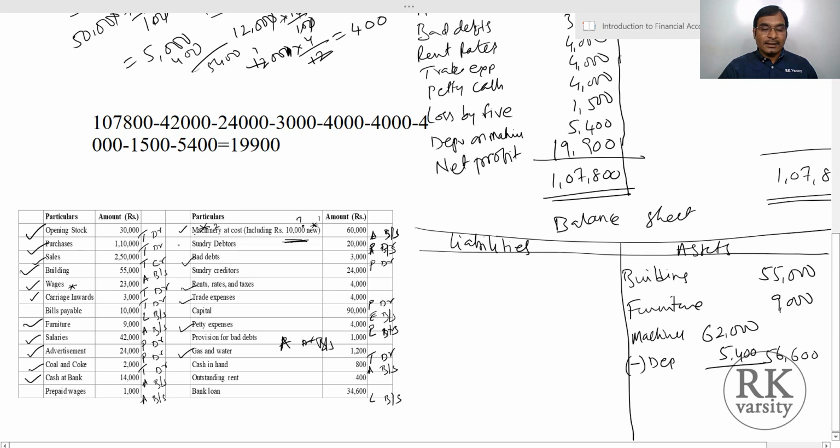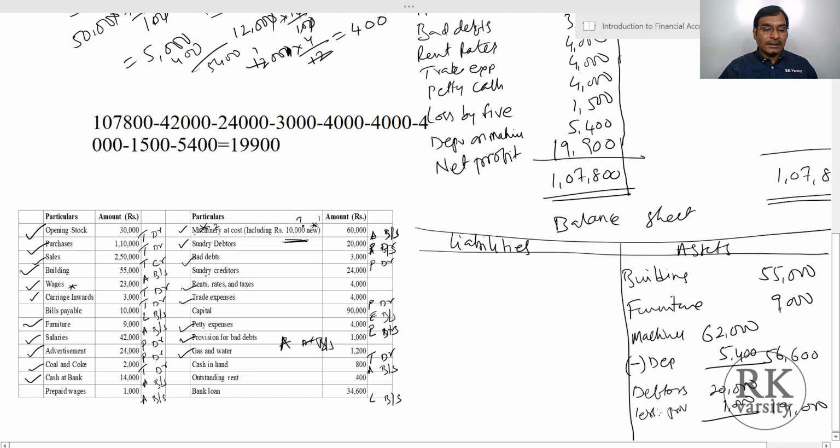Then debtors 20,000, and you have a provision for debtors. Less provision. Provision is 1,000. So this brings you 19,000.